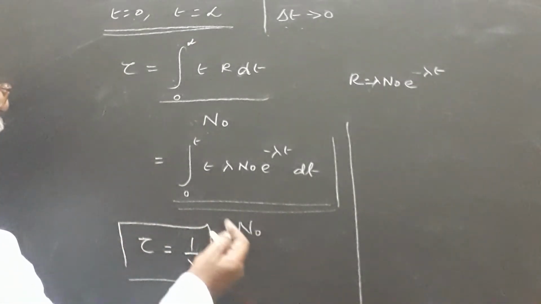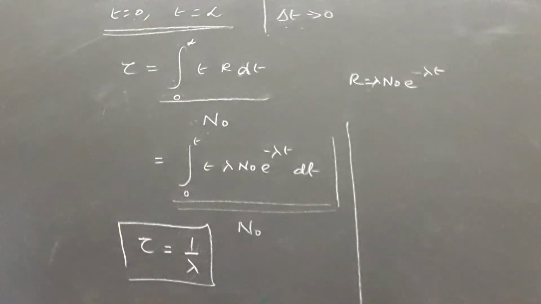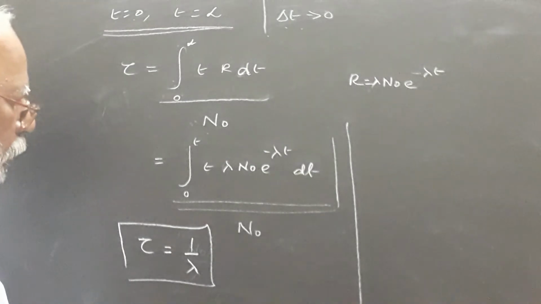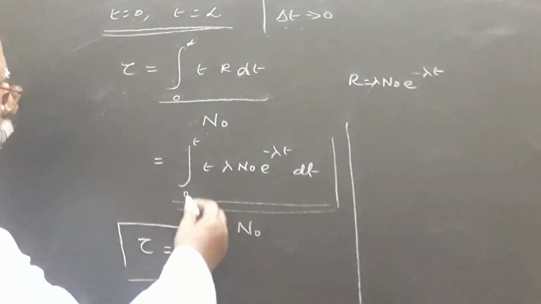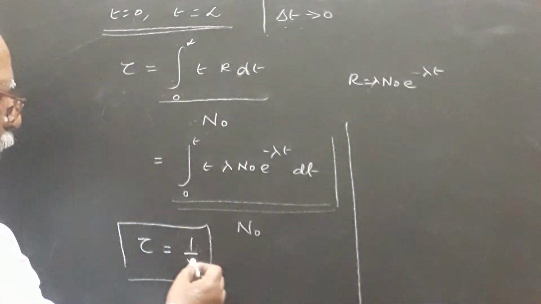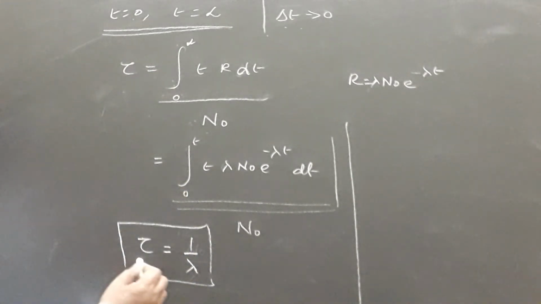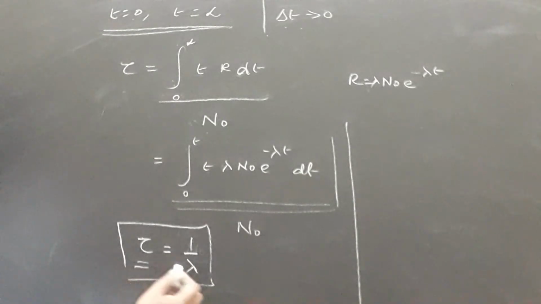Here n naught cancels, and there are more than 10 steps. Then after that you substitute the limit, and we get 1 by lambda. Tau, the mean life, is nothing but the reciprocal of the decay constant. This is the mean life.